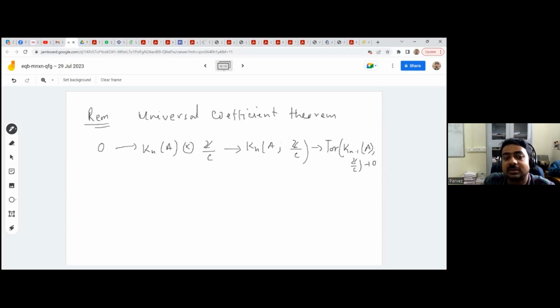This is called the universal coefficient theorem, which connects K theory with coefficients to K theory without coefficients, by taking the tensor product.